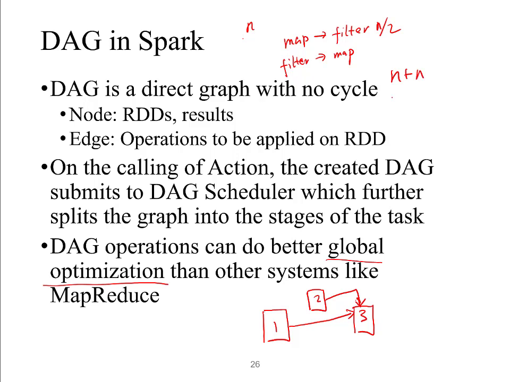But if we do filter first, then it's n elements for the filter, but the map operation we only need to do for n over 2 elements. So in this case, we reduce the cost of executing this stage.